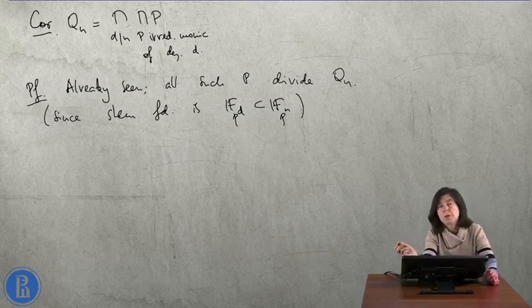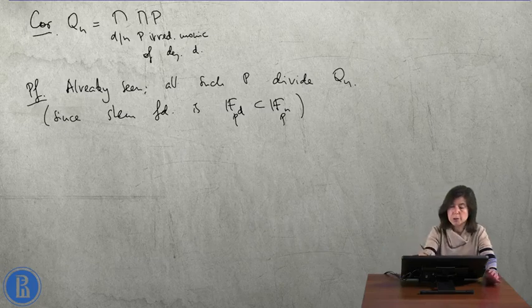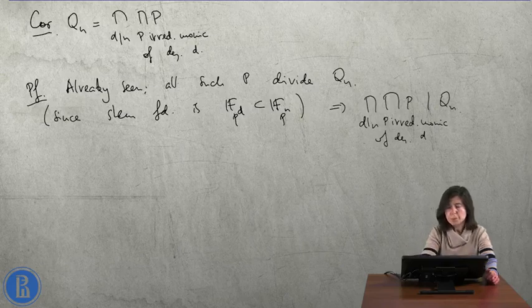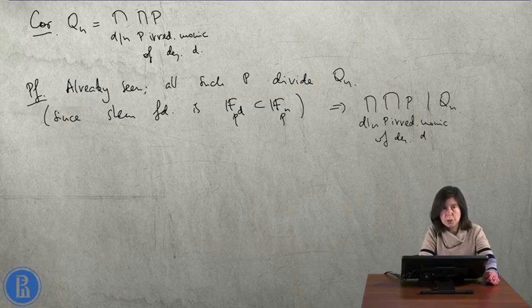So they are relatively prime, of course, and their product divides q_n. Also, q_n has no multiple roots, so there are no multiple factors either.